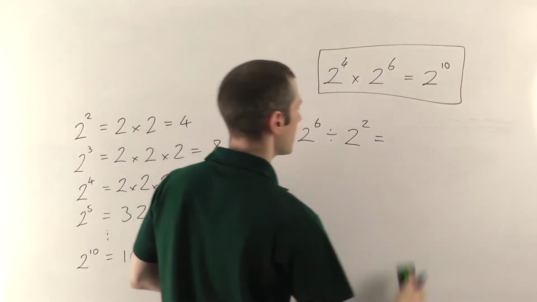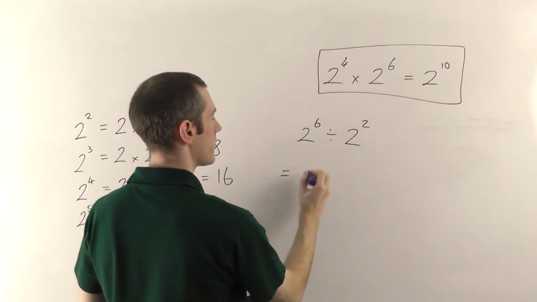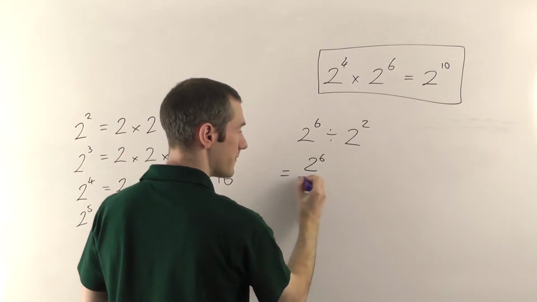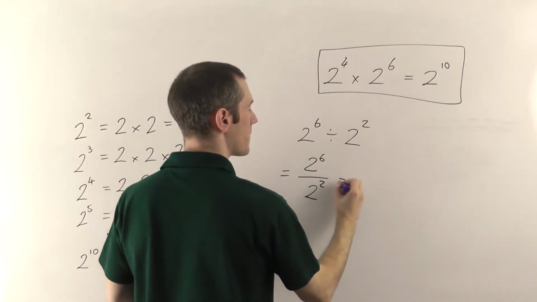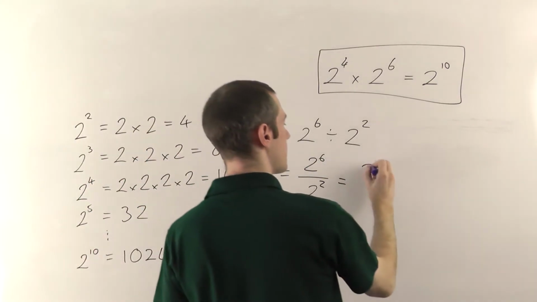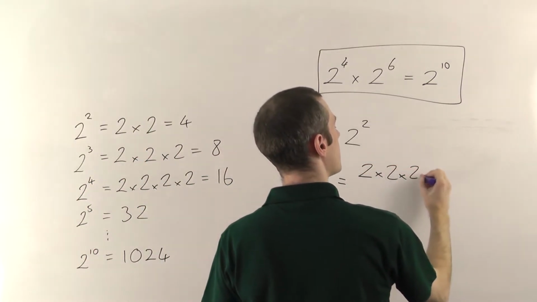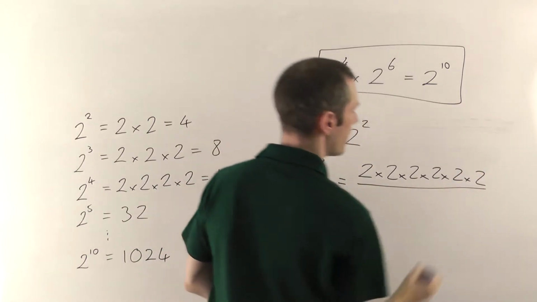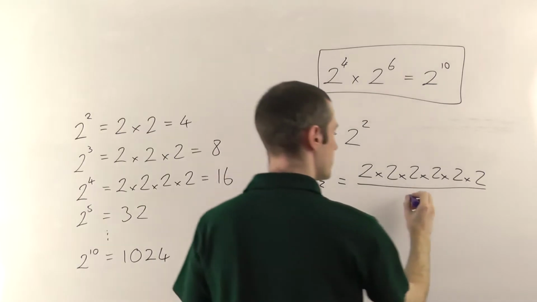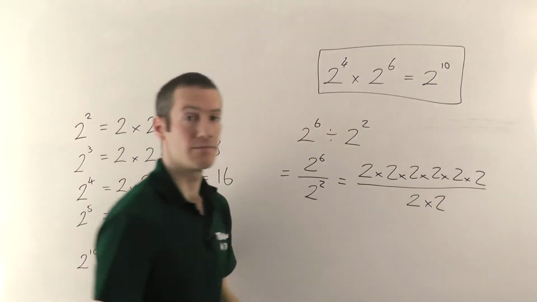So actually I'm going to go underneath here, I think. So I'll have 2 to the power 6 divided by, that's what the fraction line means, it means divided by 2 squared. So 2 to the power 6 is 2 times 2, 6 times, yep, divided by 2 squared, well that's 2 times 2.